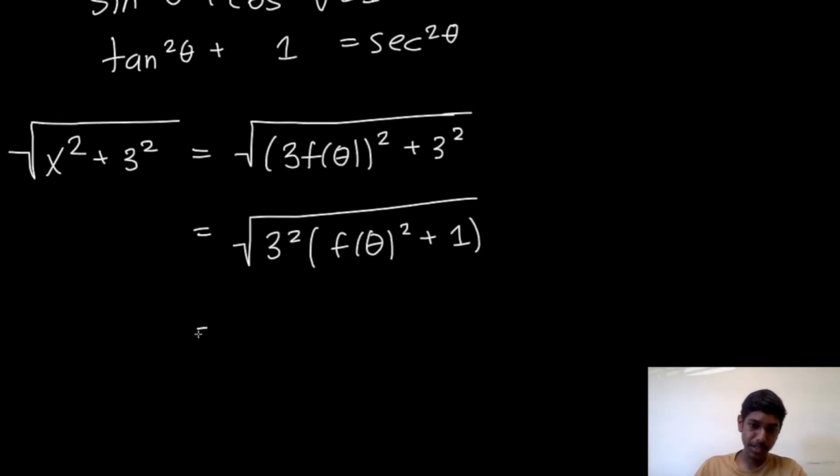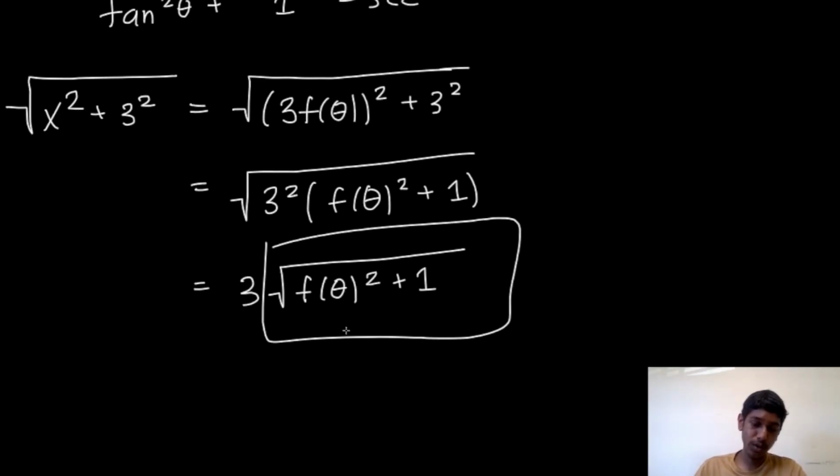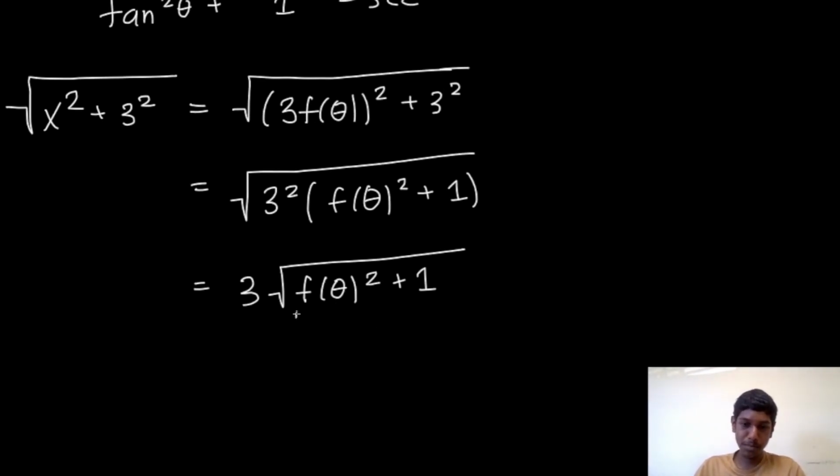And this is going to give us 3 times root f of theta squared plus 1. So now we want to simplify this radical and ultimately get rid of it. How does that happen? Well, this whole thing has to be something squared. Like if you have root 2 squared, then that just becomes 2, and that's good.